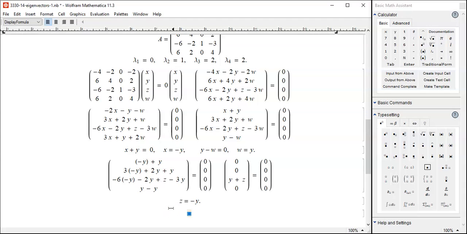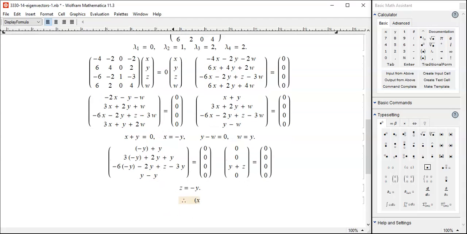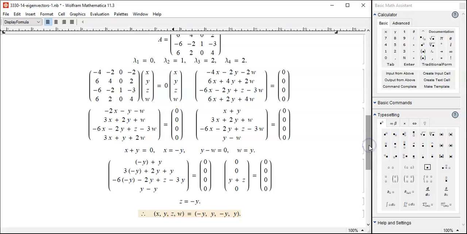So it looks like I'm getting this: negative y, and then z is negative y, and w is y. Looks like this is the eigenvector. And if you're looking for one eigenvector, I can plug in y equals 1 here.